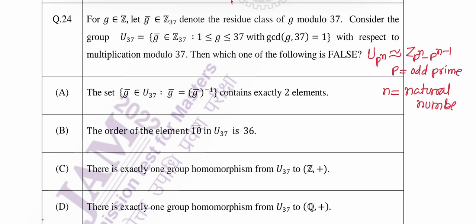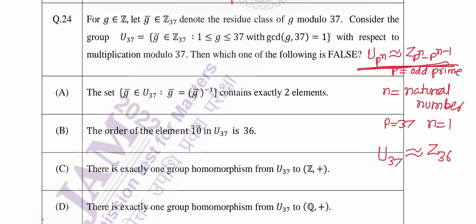Okay, so we can take p equals 37, which is an odd prime, and n equals 1. If I place these two values in this, then we have U(37) isomorphic to Z36.